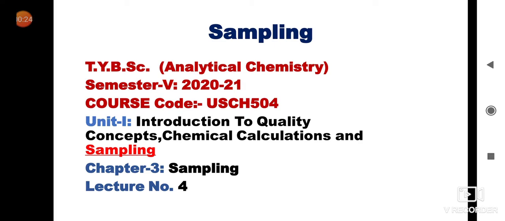Okay, my dear students, in the previous lecture we started sampling of gases. The gases will be found in gas wells, in our open atmosphere, in the exhaust of industry or factories, from vehicles, chimneys, and industrial stacks.